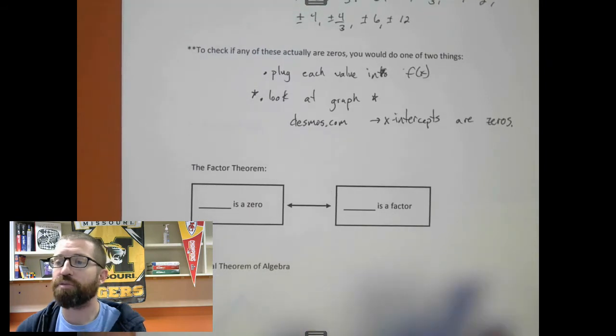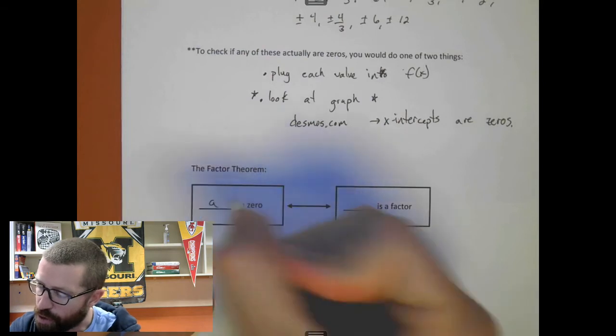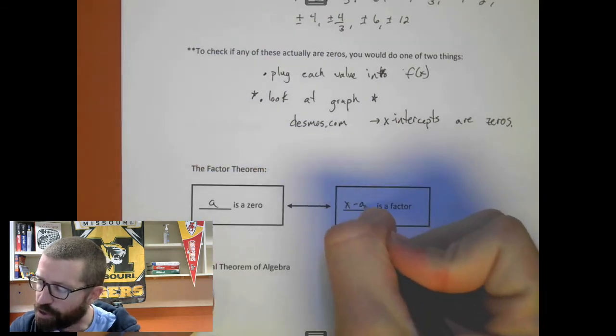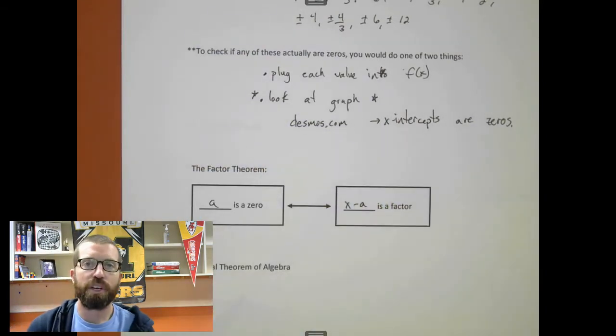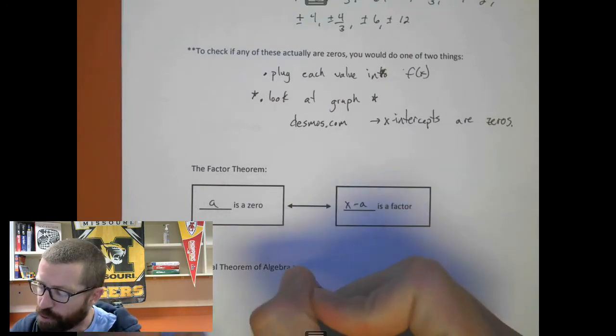A couple things first. The factor theorem says if a is a zero, then x minus a is a factor. And this is a very important relationship to know. If you know a zero, then you can find a factor. If you find a factor, then you can find a zero. The fundamental theorem of algebra says a lot of things.